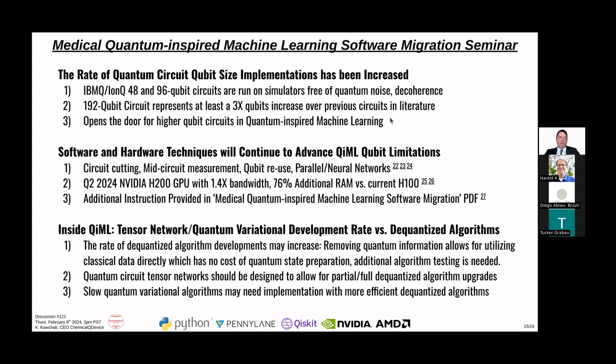So again, I think a lot of this just takes a different train of thought. A lot of us were thinking quantum inspired was a full representation of a quantum circuit in a classical computer, but a dequantized algorithm probably won't look anything like that.